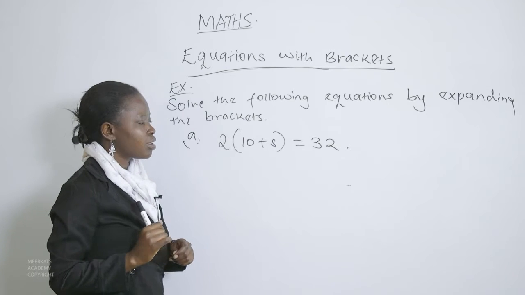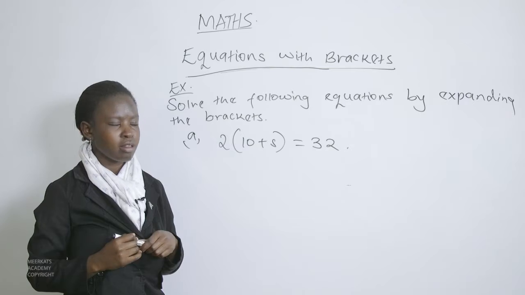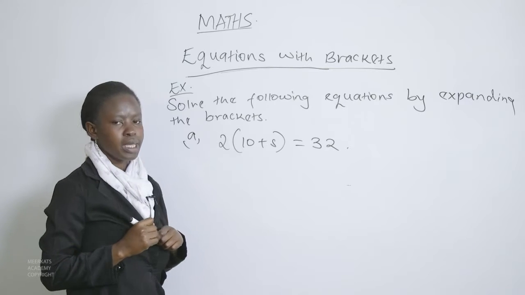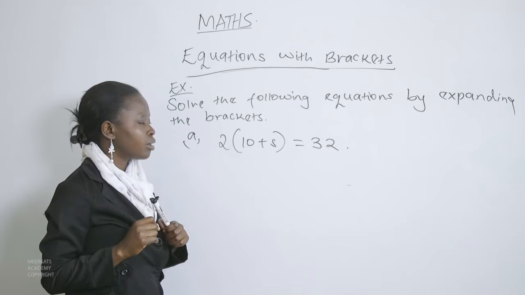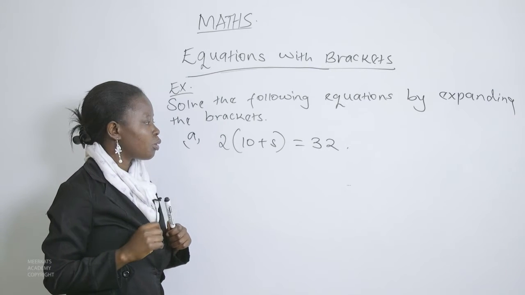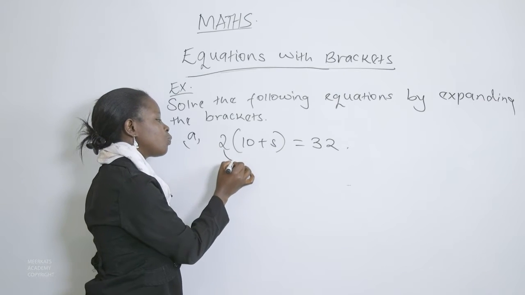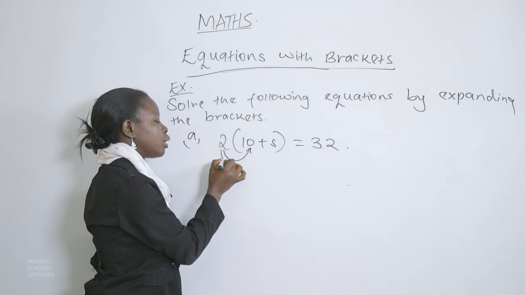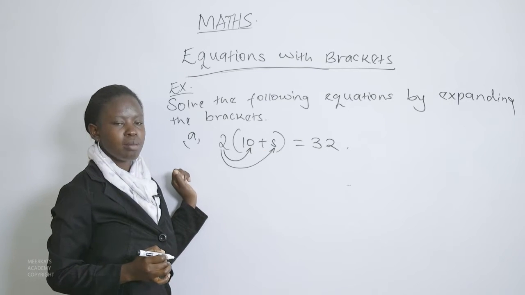So the first task that we have is expanding this given bracket. As we are expanding the bracket, we keep in mind that the number outside the bracket will multiply all the contents inside the bracket. So we have 2 multiplying 10, and the same 2 should multiply s in that given bracket.